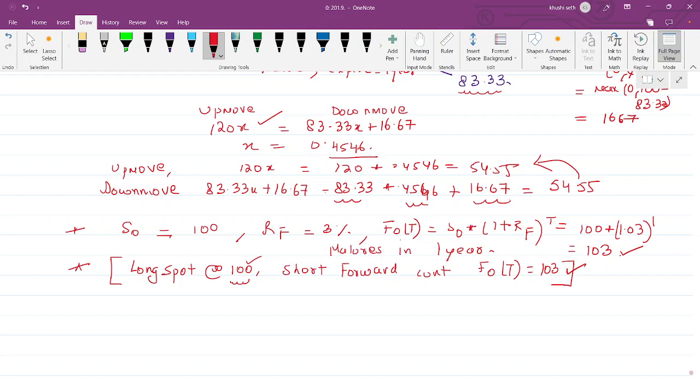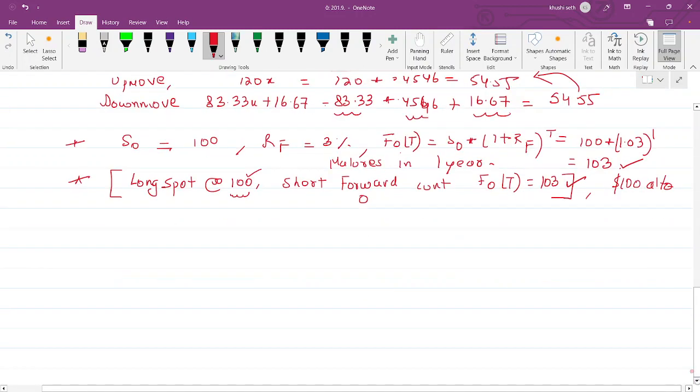So here there's no cash involvement, but you have to invest $100 to buy the long spot. So your net outflow in this strategy is $100 at time zero. At time zero you have to invest $100 in this strategy, in this portfolio.